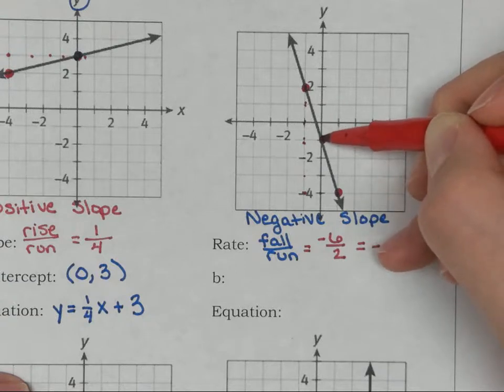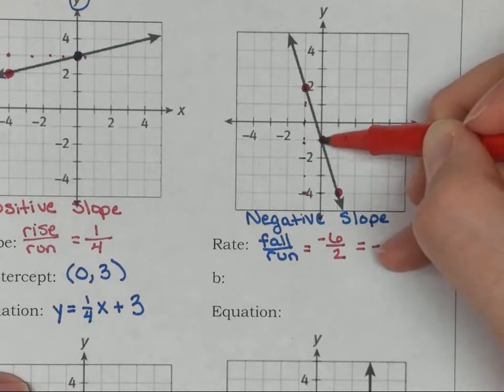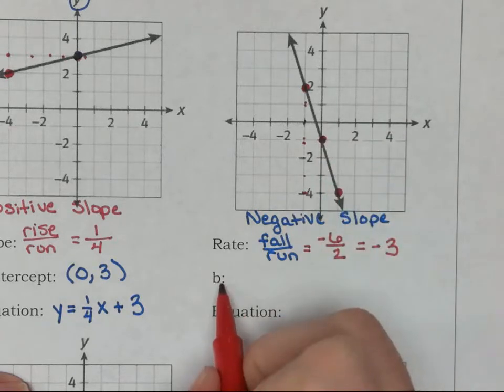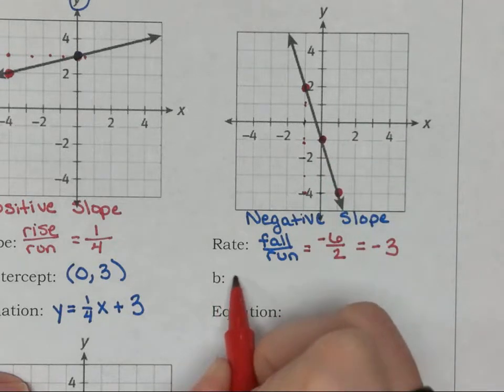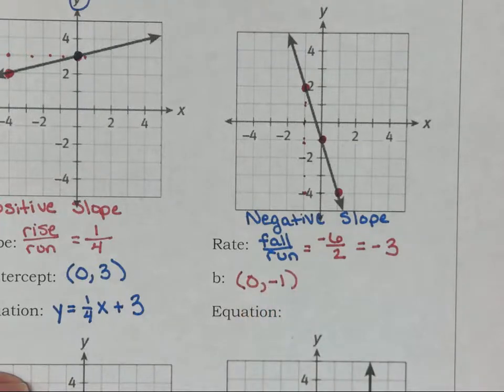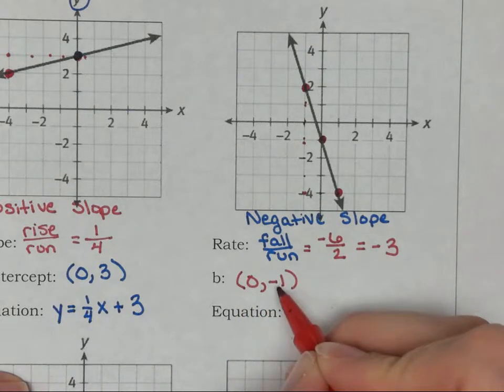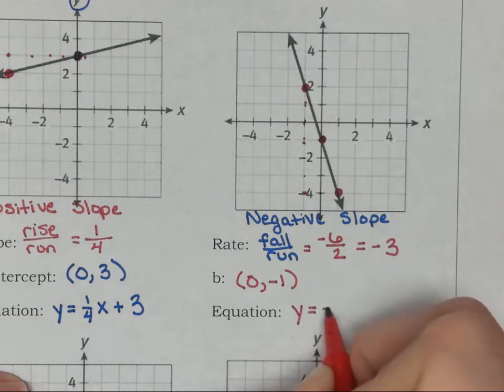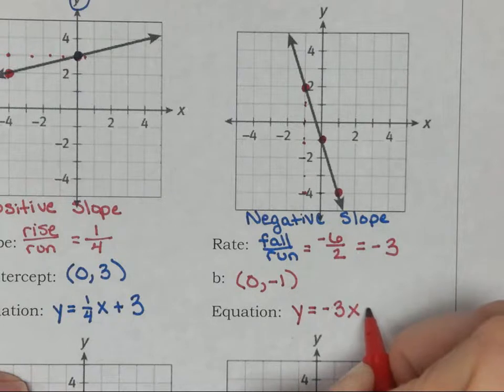And I'm looking for points that are exactly on the corners. That point is a special point. That's your y-intercept, your b value, 0, negative 1. And now that I have my slope and my y-intercept, I can write the equation. y equals negative 3x minus 1.